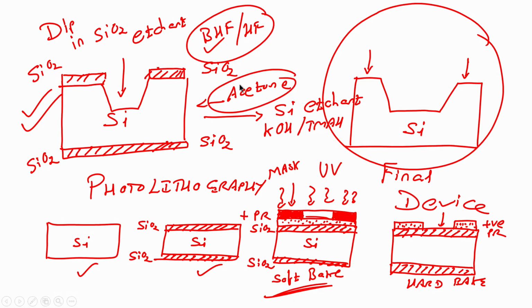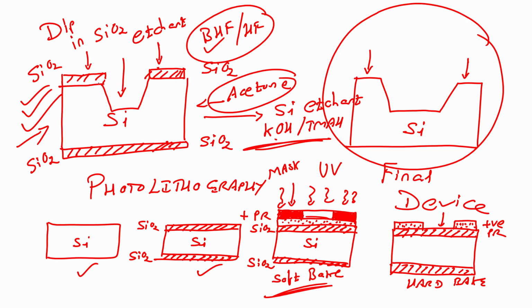then after etching my silicon dioxide I can strip the photoresist by dipping in acetone. Once I strip the photoresist, the wafer will look like this, and then after that I can etch my silicon with the help of silicon etchant. In this case, when I am etching my silicon, my SiO2 will protect the remaining silicon surface except where it is not there.